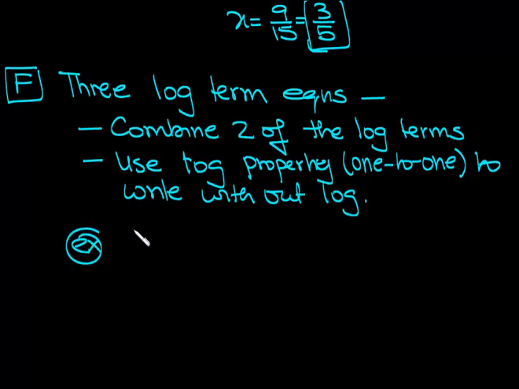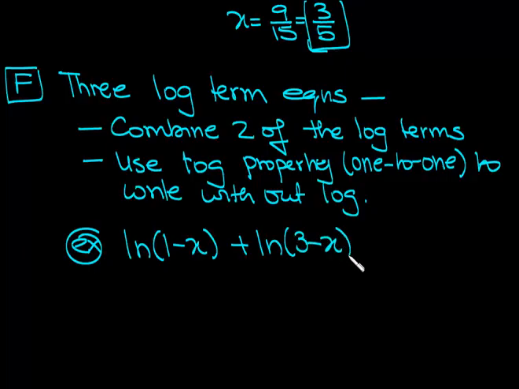So let's say I have ln of 1 minus x plus ln of 3 minus x is equal to ln of 8. I have a log equation, I have logs and equality. I have three log terms. So I'm going to combine two of them first. Let's combine these two because there's a plus sign in the middle.